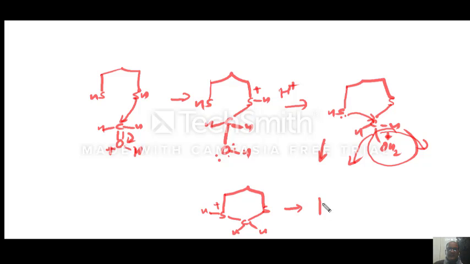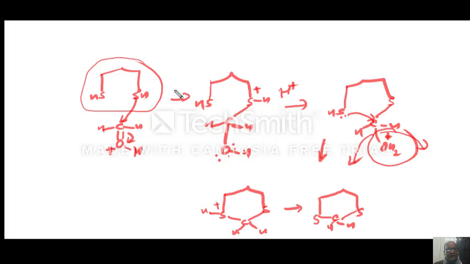So ultimately I can say that it has become a 1,3-dithiane kind of a system, because I have like this. Okay, so I make a 1,3-dithiane system with the help of this particular entity, right?